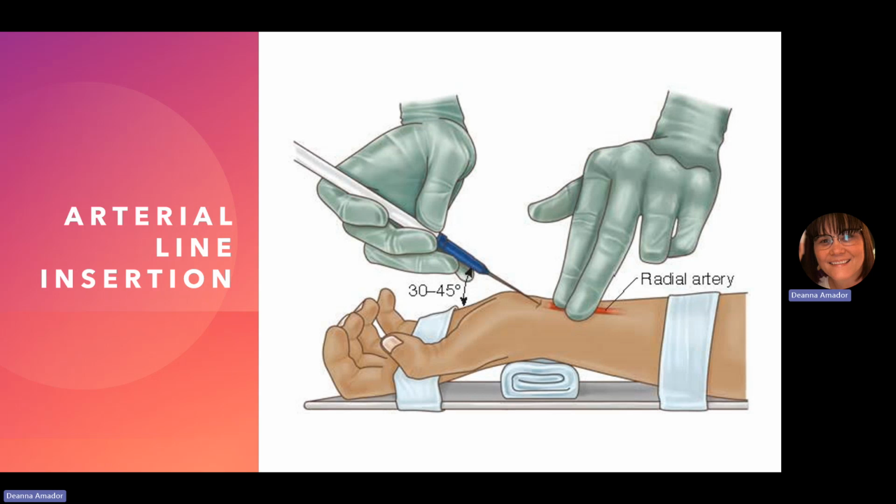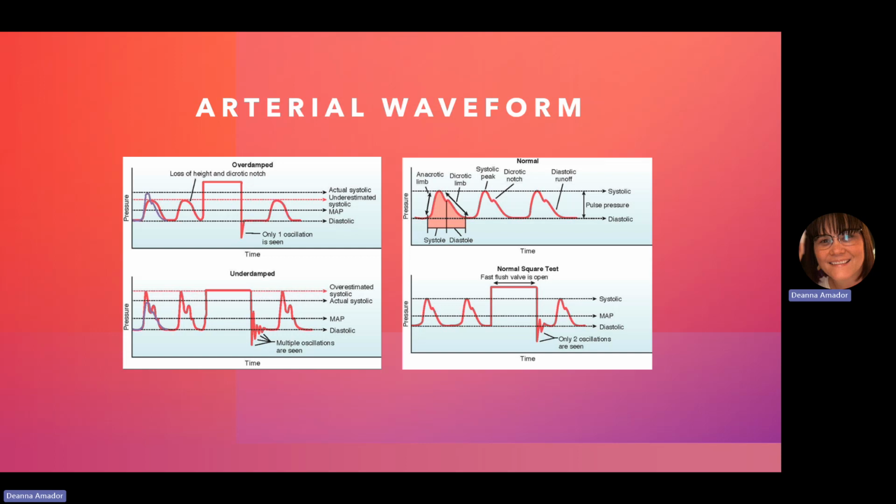They would have decreased circulation there. So that is a priority that the nurse has to constantly and continuously observe for adequate perfusion. And the other thing, obviously, since this is an artery, the nurse needs to make sure that you have alarm levels set on the monitor. So it would let you know if there was a change in the blood pressure, especially if you had continuous drips going.